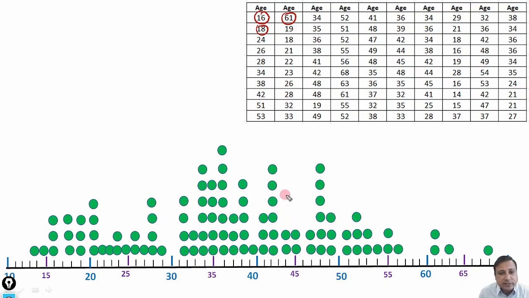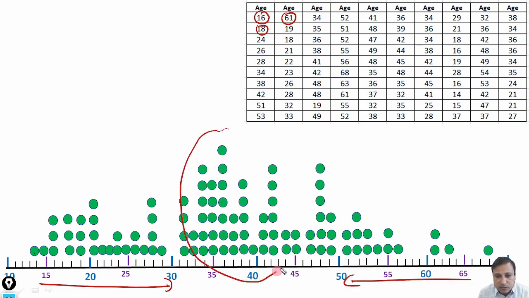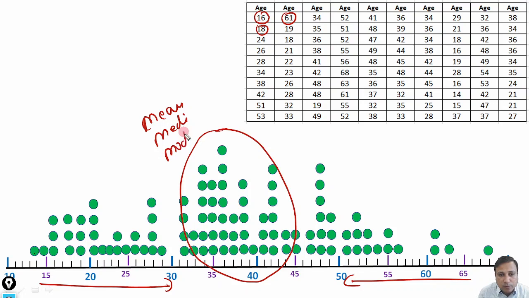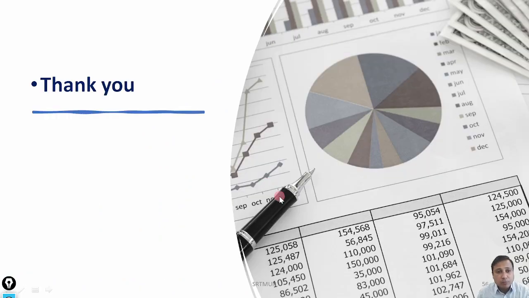What we try to do in central tendency is find a central value. From this place somewhere I try to find my mean, my median, and my mode. And why are we trying to find a central value? Because the central value represents the center of the data, it has its own meaning, and it can help us take some research decisions. Fine. So this is the way that we work with mean, median, and mode.